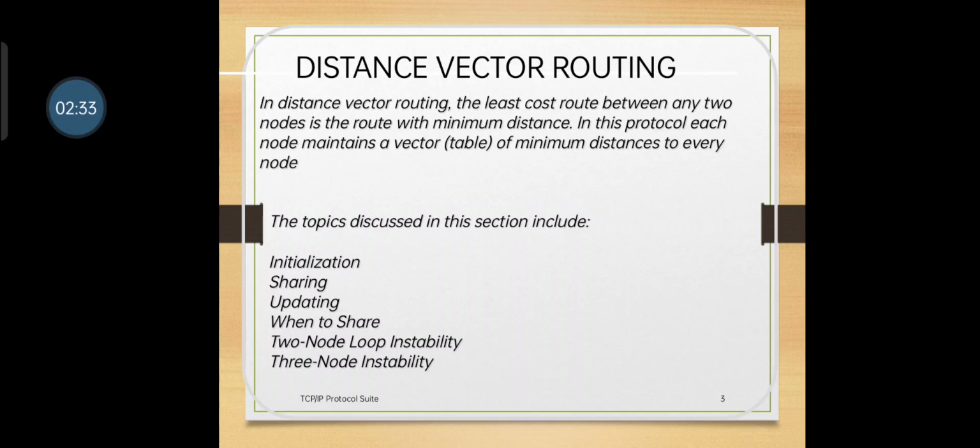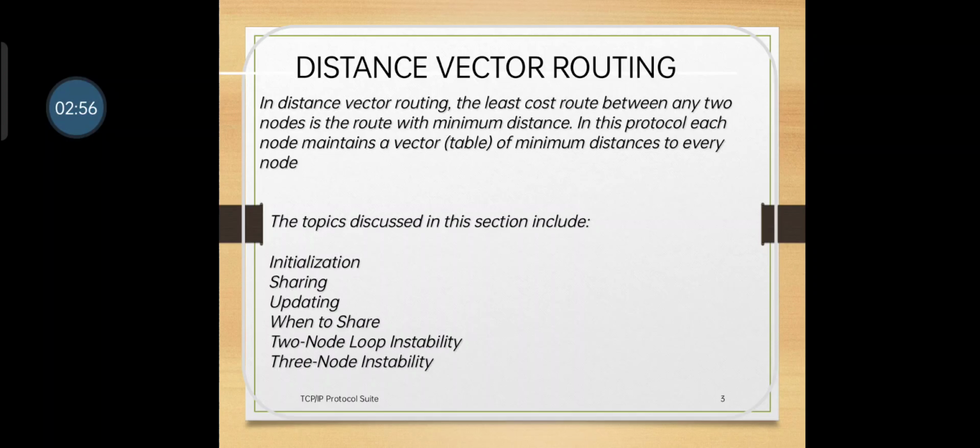That is the main characteristic of distance vector routing. The topics we are going to discuss in this section include how to initialize a table, how to share a table, how to update a table, when to share a table, and what different problems exist in distance vector routing.